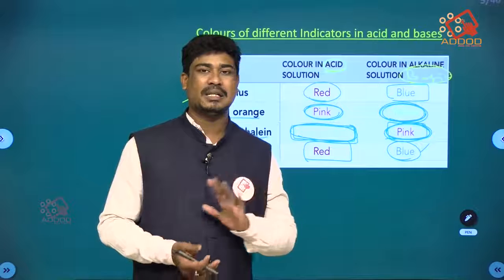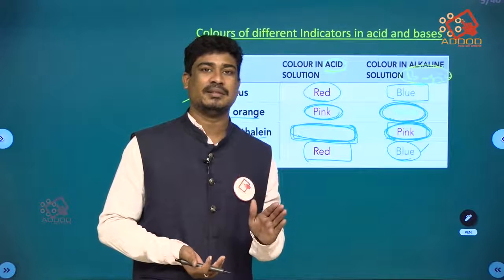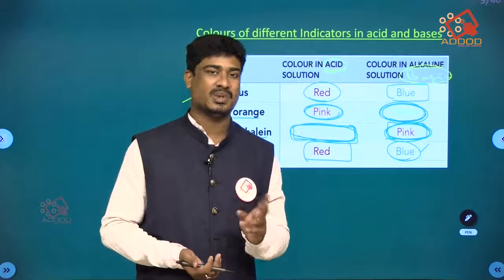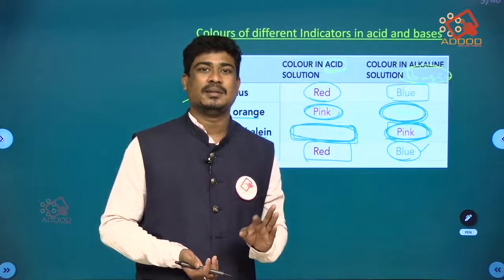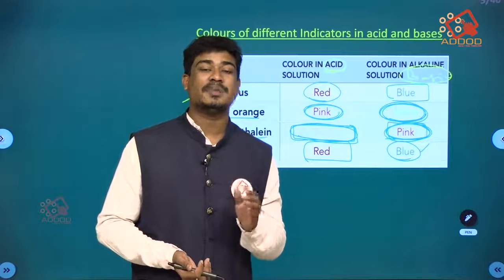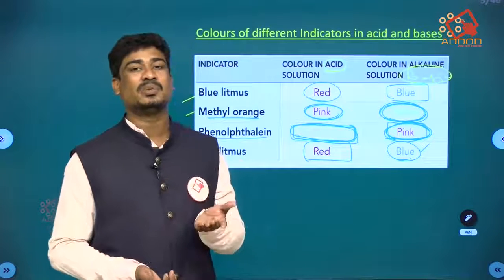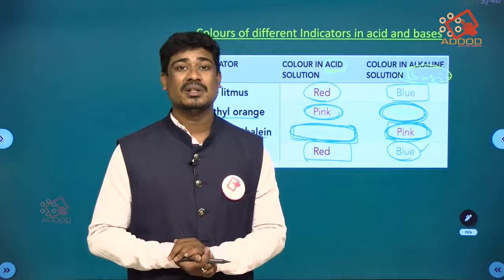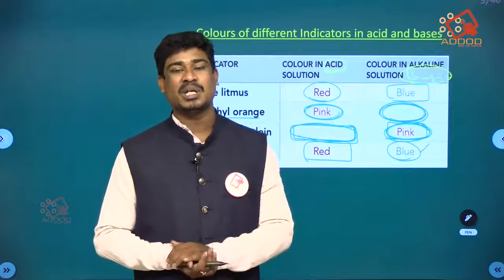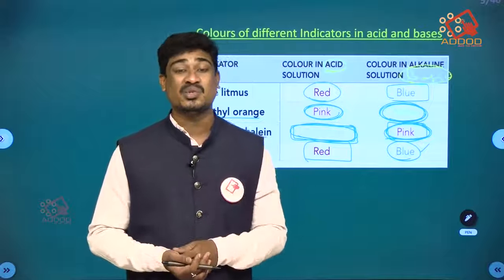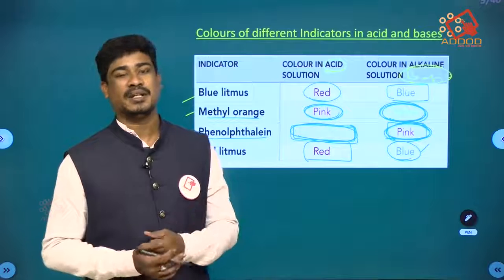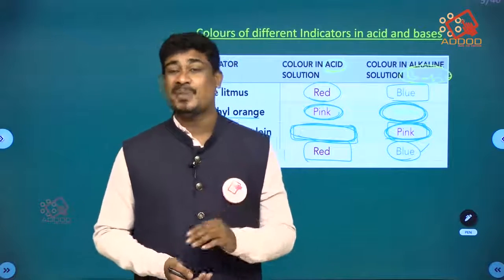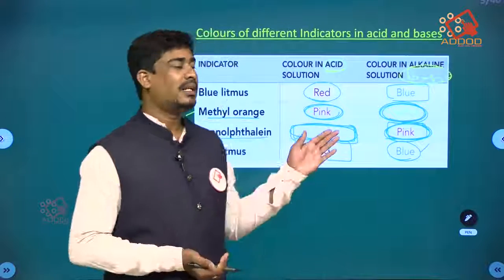So we know about litmus paper. When blue litmus is kept in acid solution, it turns red, while red litmus kept in basic solution turns blue. About methyl orange, if the indicator is added to the acid solution, it turns pink, and when added to basic solution, it turns yellow.